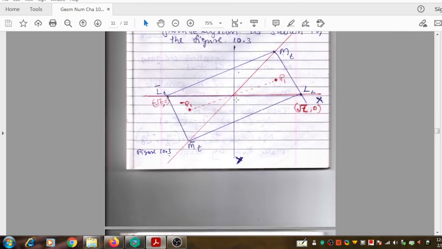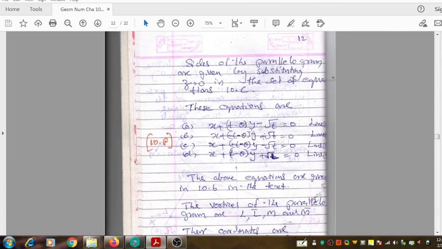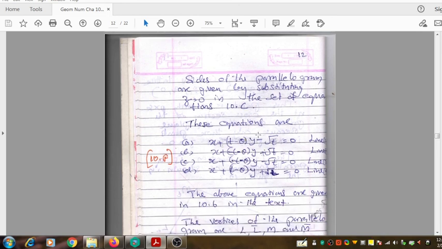When we substitute that quantity in the equations of the lines, since the y coordinate equals 0, all these terms become 0.